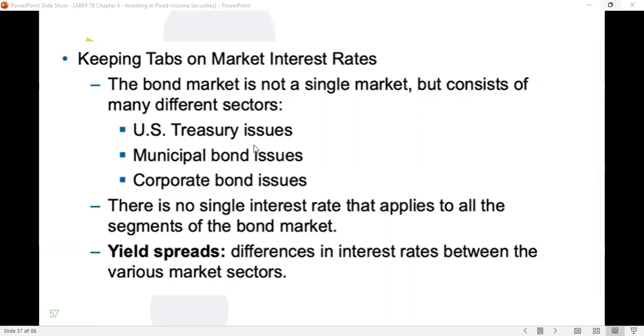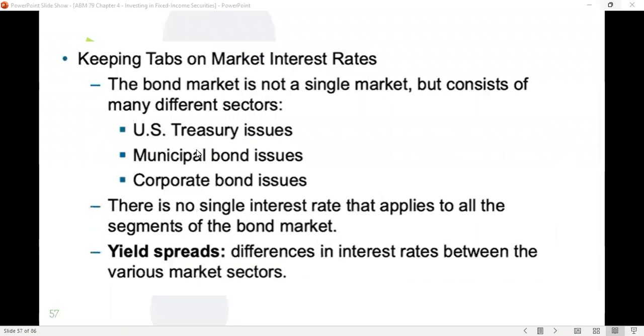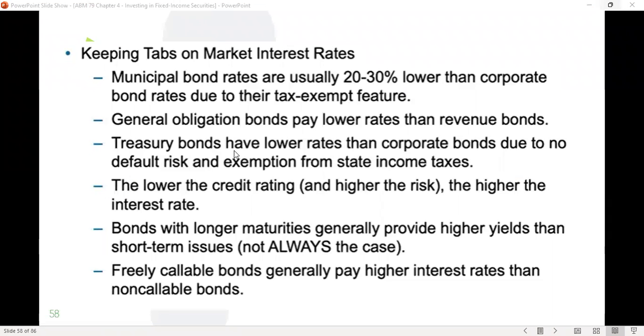If for example Philippine issues are bigger, the lower you are in the rate, the lower. Especially in municipal bonds, general obligation bonds have lower rates than revenue bonds, which are backed by income generated from the project.